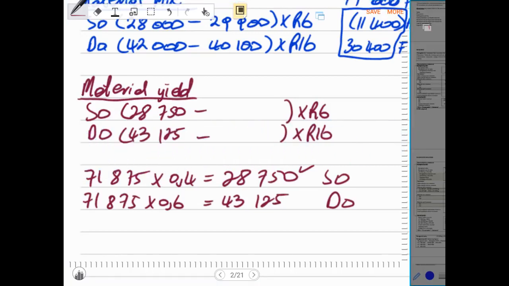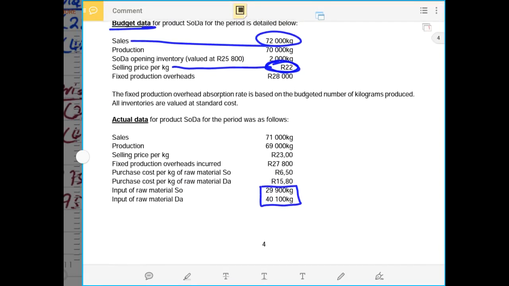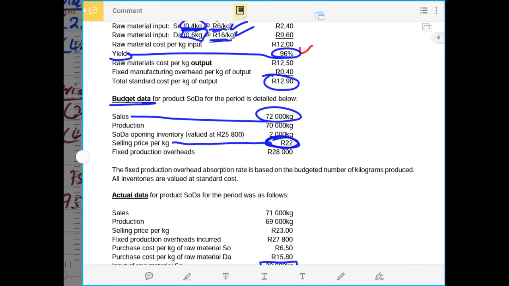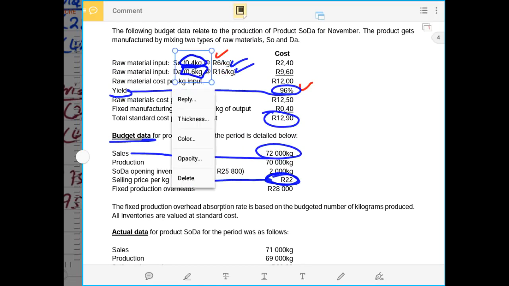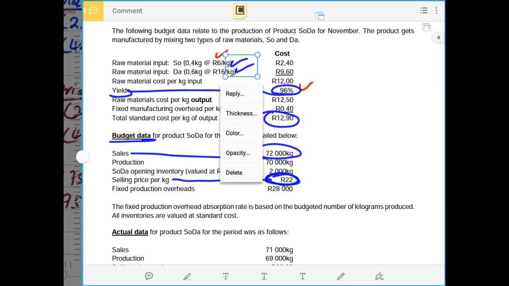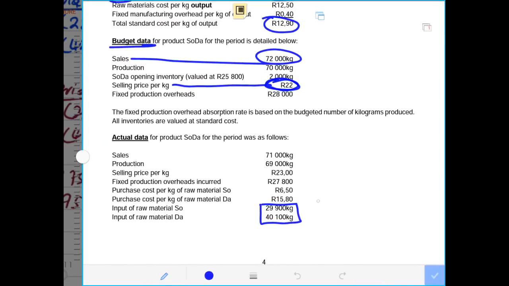So now we need our standard input, which is the number of units that were supposed to be started with for the company to yield the total of 69,000. So we say the actual material that went into the production process was 70,000, which is the actual material.